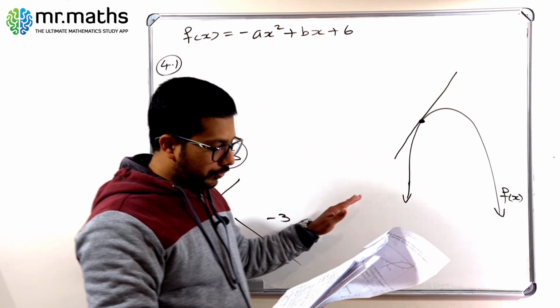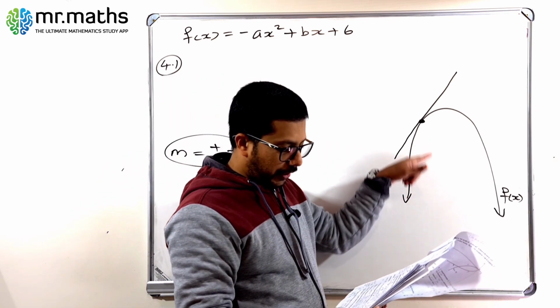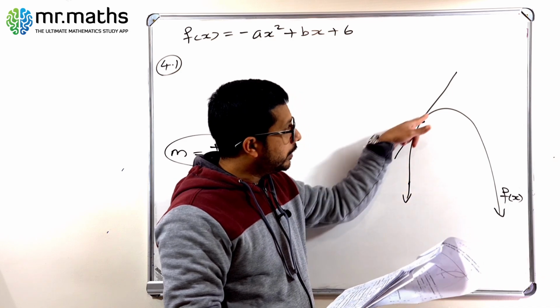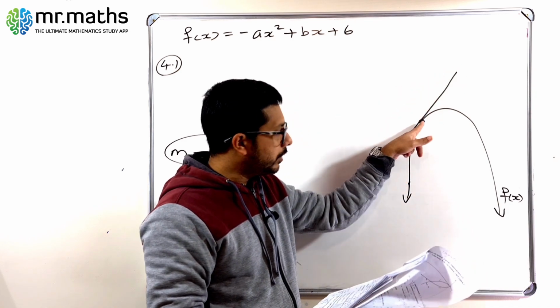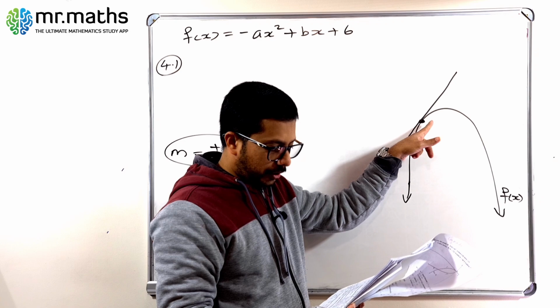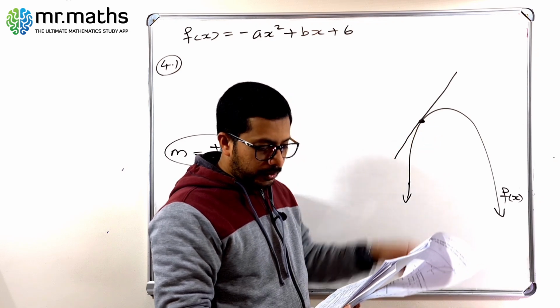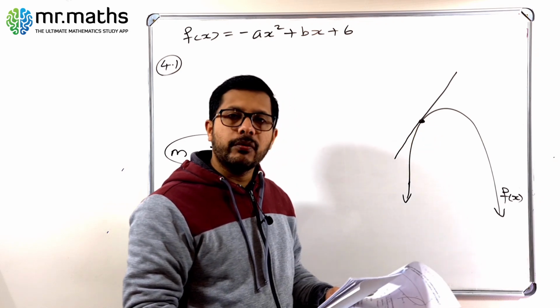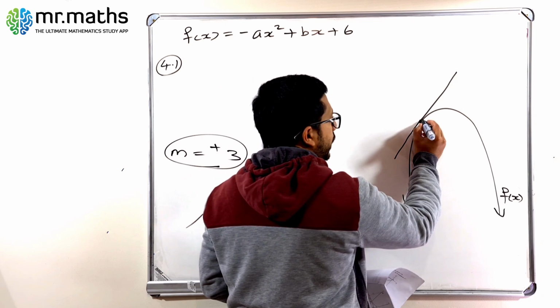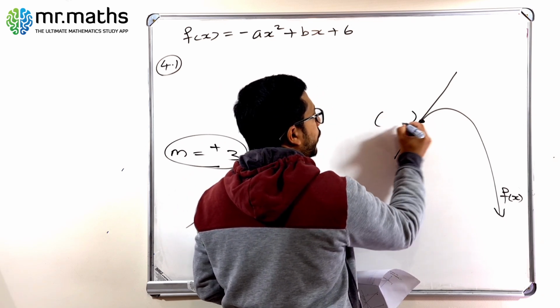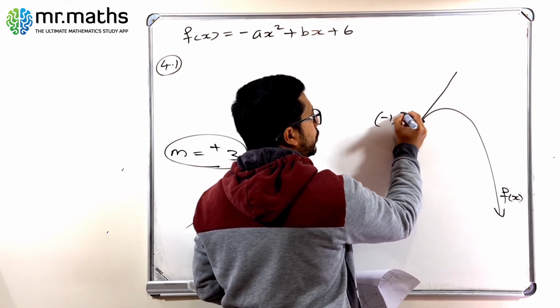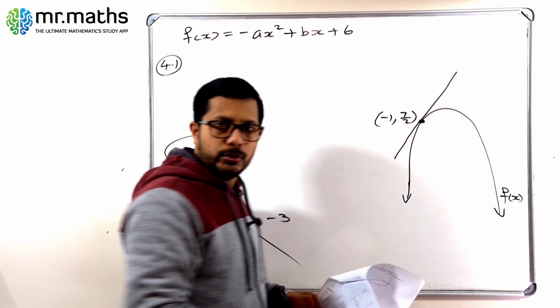Now look at that question once more. The gradient of the tangent to the graph of f at the point minus 1 comma 7 over 2. They are saying that at this point, what is the coordinate? Minus 1 comma 7 over 2.